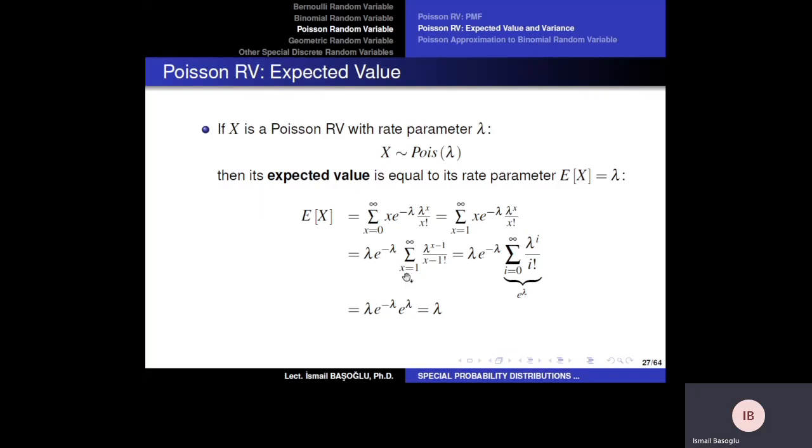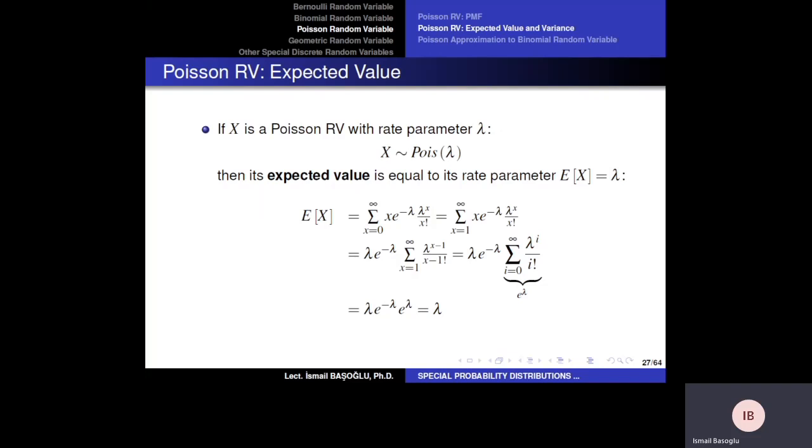Now, if we apply a change of variable and say that i is equal to x minus 1, whenever we see x minus 1 we can write simply i, and this summation is going to be for changing i values from 0 to infinity. And the summation is going to be equal to e to the power lambda.